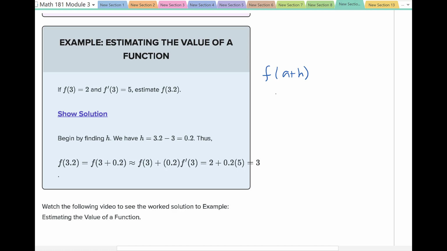In this case, our a would be 3. Our a plus h is going to be that 3.2, so the h must be 0.2. And that's what we have here. That's the h. And so it's f of a plus h times f prime of a, so the slope at that point. And that's how we can get these values.